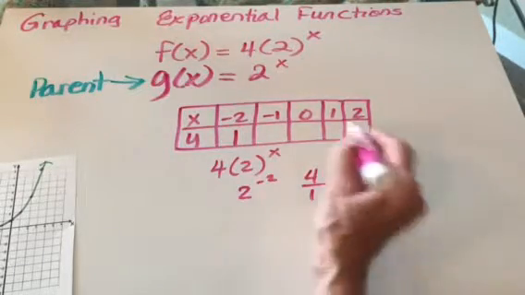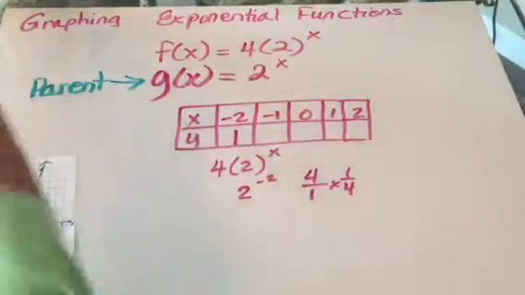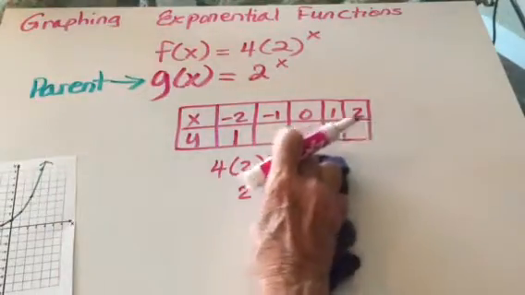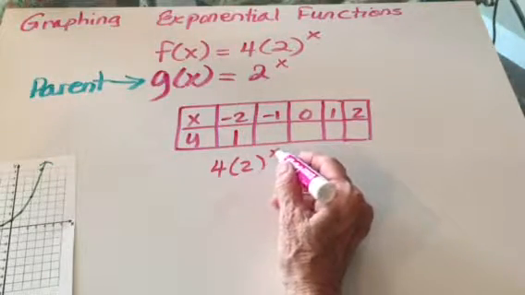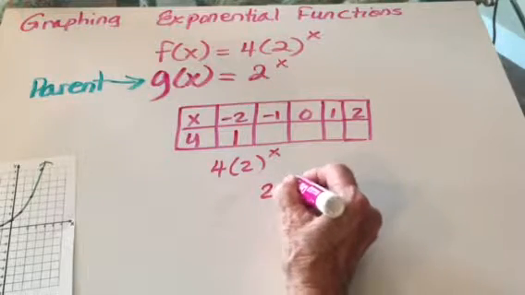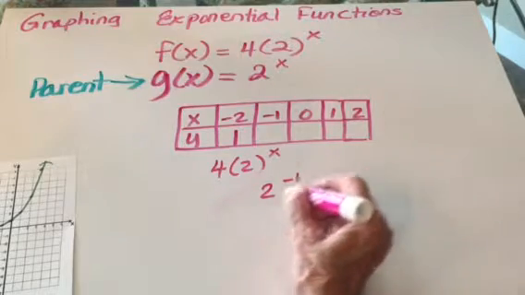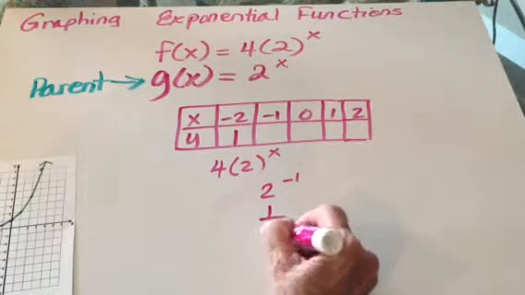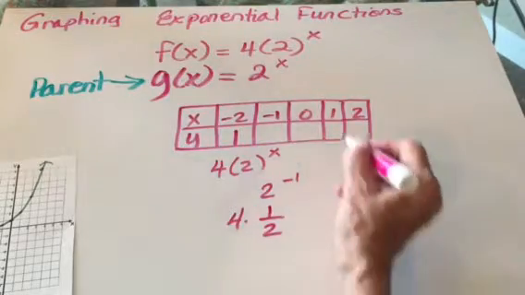So when x is -2, y is going to be 1. What about when x is -1? What happens to that 2 when x is -1? It turns into a fraction, 1 over 2. Well, what is 4 times 1/2? What's half of 4? It's just 2.